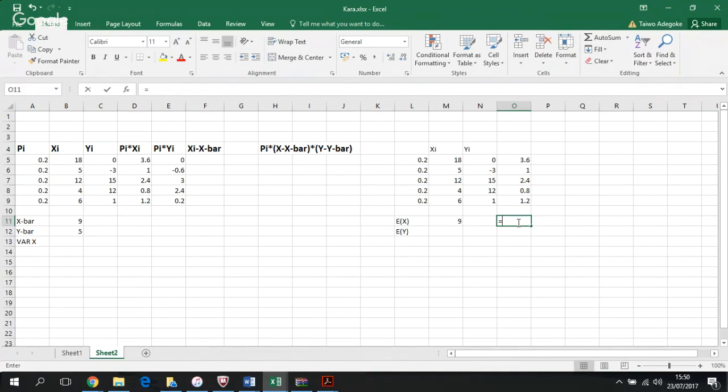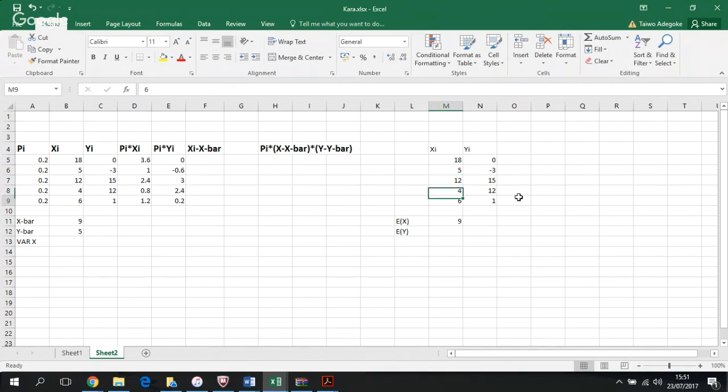Let's now sum this together. 9. So it's just the definition of average: sum it together and divide by the number of values. Frequency is the same thing as probability. It's almost the same concept.